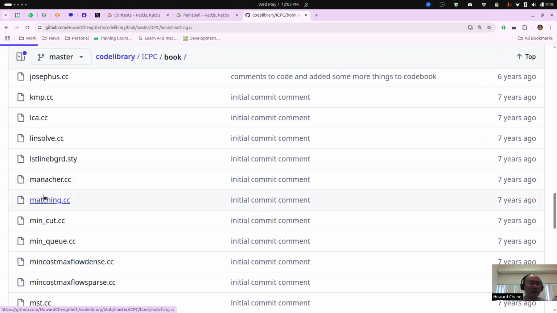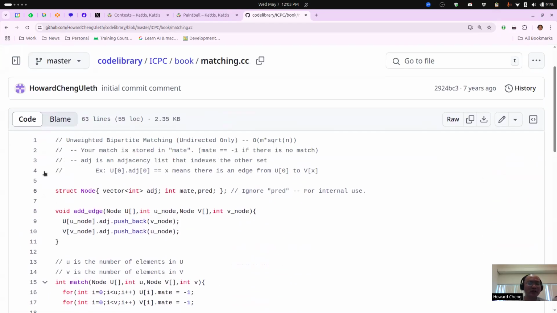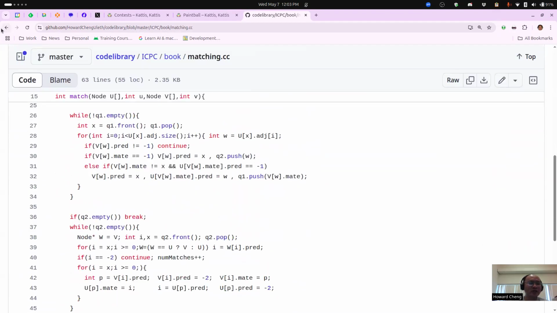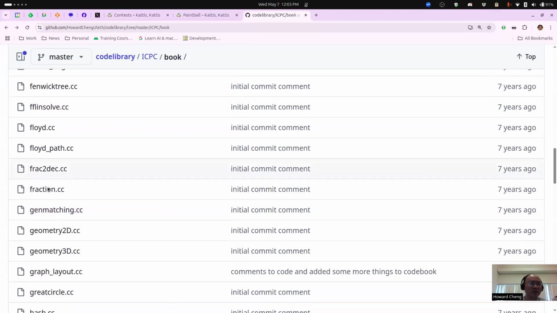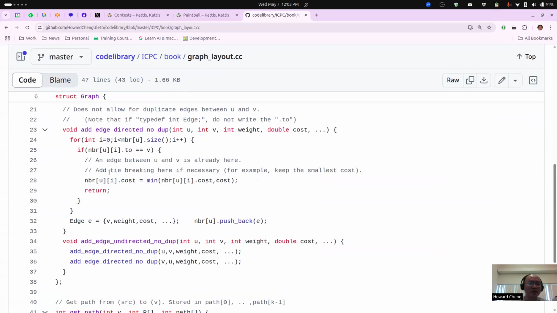And it uses some other things, something called graph layouts. Graph layout tells you how to have a graph data structure.